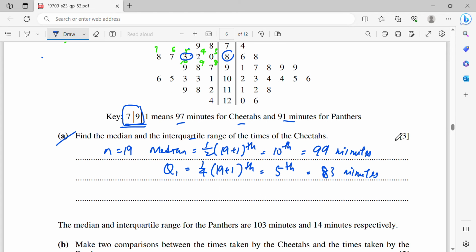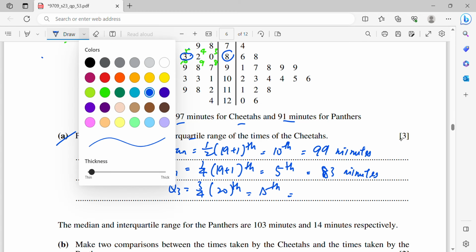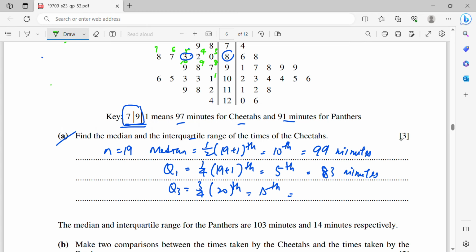Okay, and then the next one is Q3. Q3 is 3/4 of 20. So 3/4 you will get the number 15 value. Then I have to continue labeling. This is 11, 12, 13, 14, 15. So the 15th value will be 106.